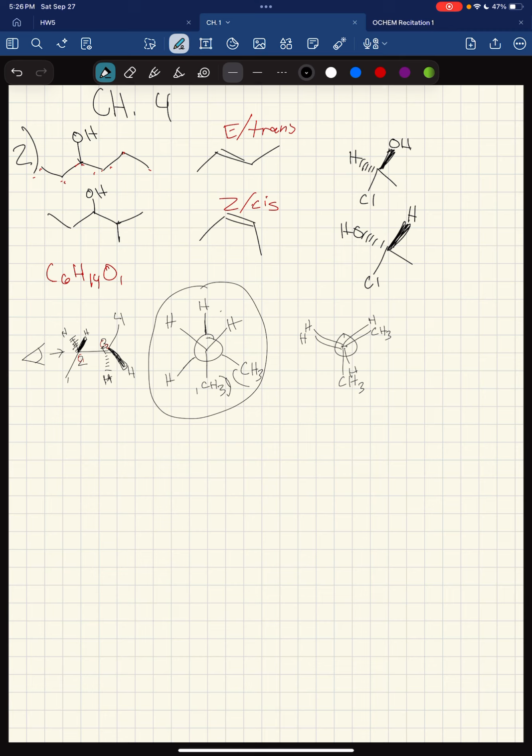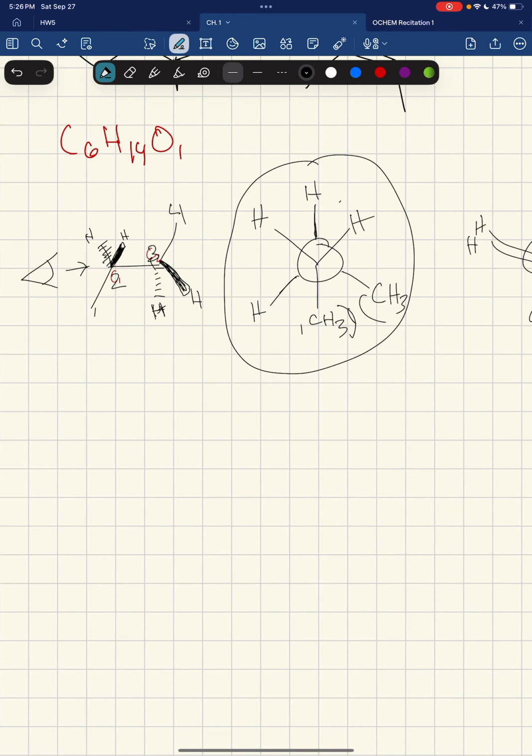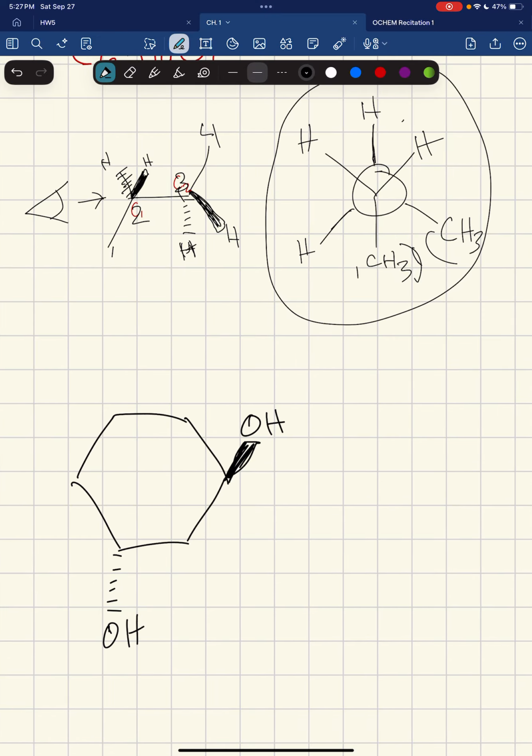All right, so we're going to move on to chapter 4: drawing cyclohexane chair structures, converting flat cyclohexane structures to chair structures with correct stereochemistry. This is a fun one. To start off, you're going to have this flat cyclohexane.